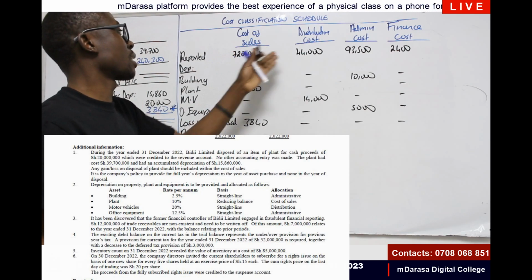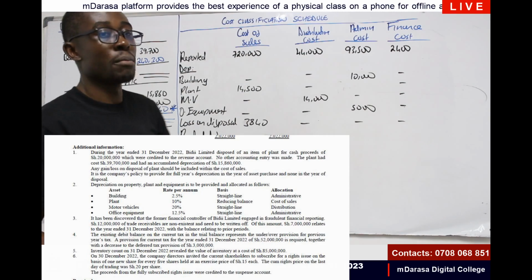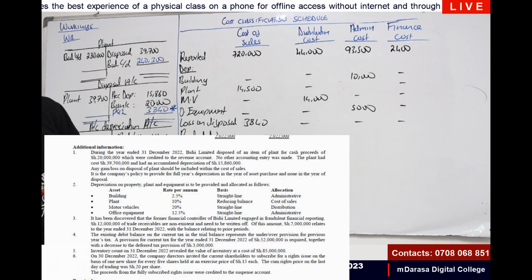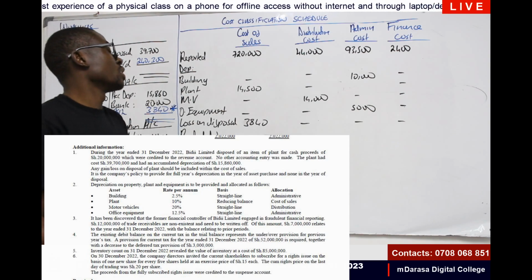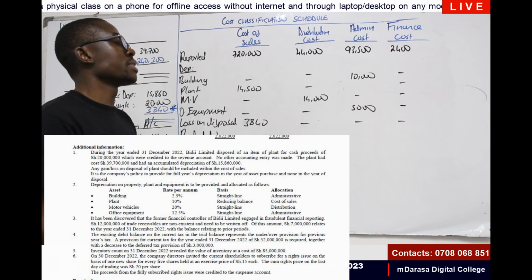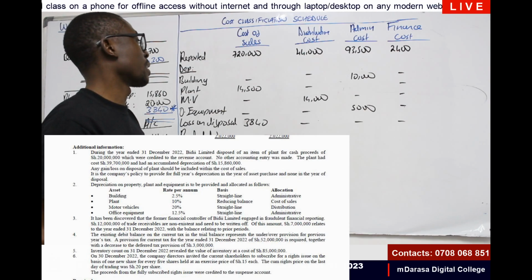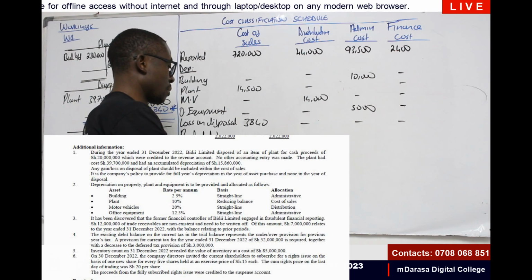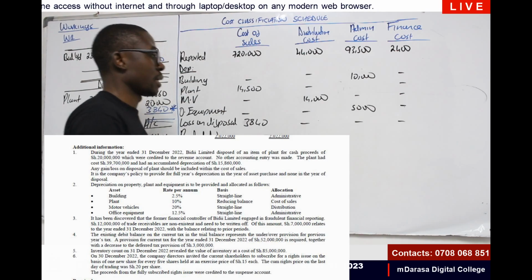You can place it under cost of sales or distribution cost, because the examiner didn't specify where we are supposed to place it. For me, you can place it on the cost of sales, because this is related to receivables, which are part of inventories. So basically, I'm having 7,000 there.